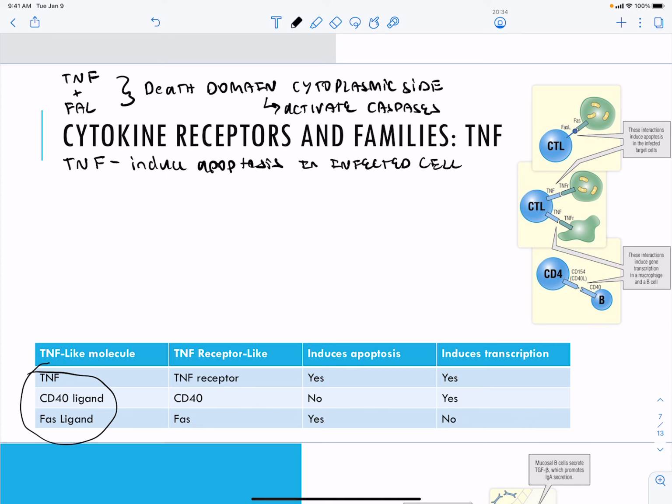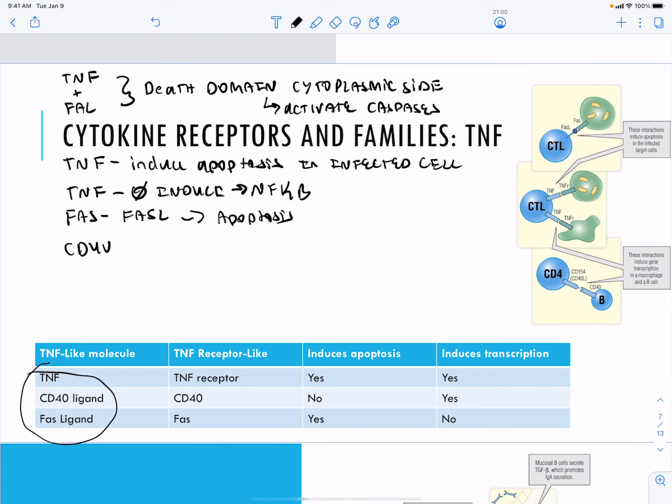And in a macrophage, TNF in a macrophage will induce NF-kappa B, that transcription factor. And that will turn on certain genes. Our Fas ligand interaction will induce apoptosis.